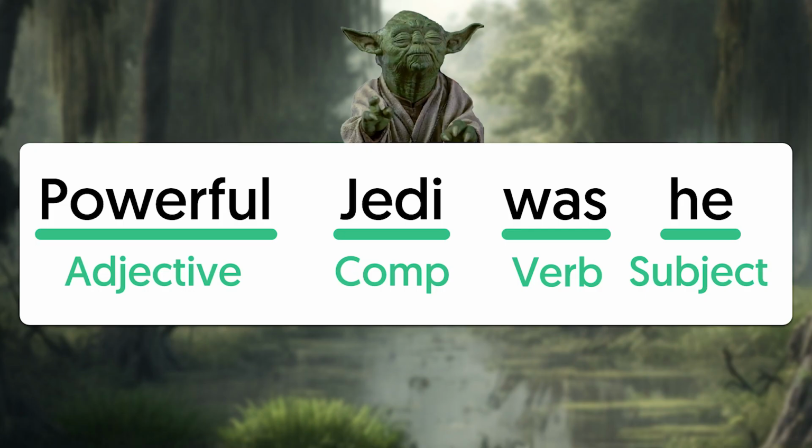Now, what Yoda's doing is very strange here, and it's hard to get your mind around. In fact, I'm not quite sure I have my mind around this one. Powerful Jedi. Here we have the adjective and then Jedi. So we've taken the two things at the end, he was a powerful Jedi, and put them at the beginning.